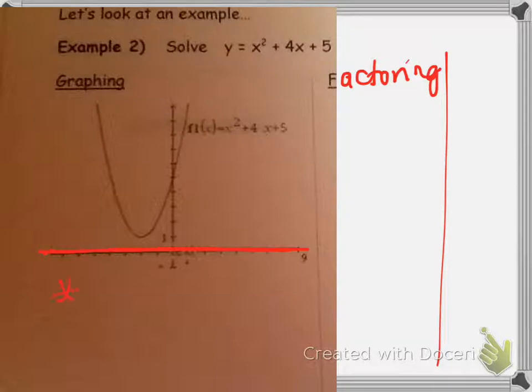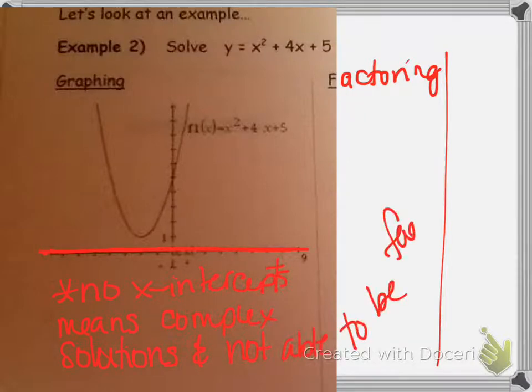So no x-intercepts means complex solutions and not able to be factored. So factoring here is not possible.